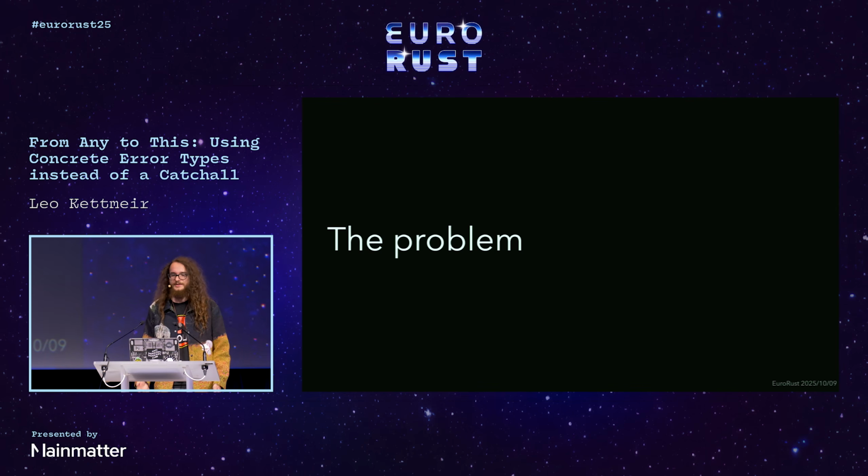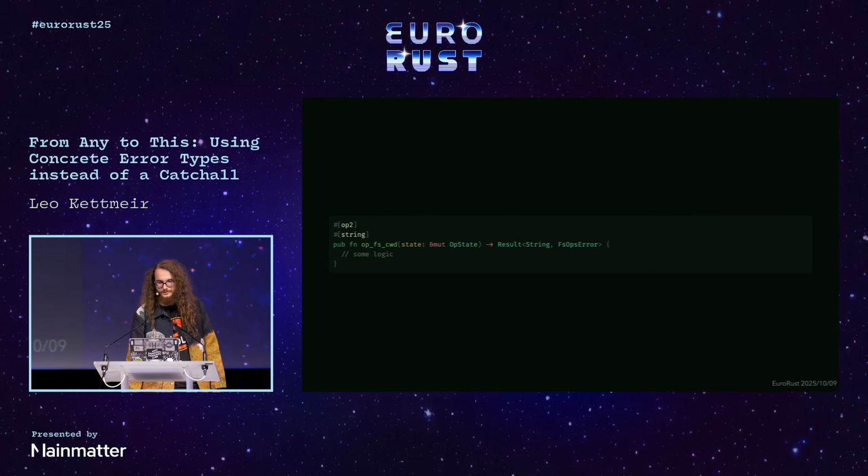But these functions need to return errors as well, and everything was integrated and built in such a way that it works on anyhow and not actual errors. So basically, the definition of one of those functions is as such, which is we use the op2 macro, which just spits out so much garbage, I have to say, but that's another topic. It roughly generates like 400 lines of code just for that simple call, for example.